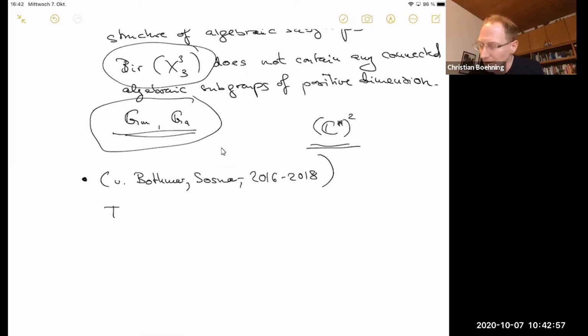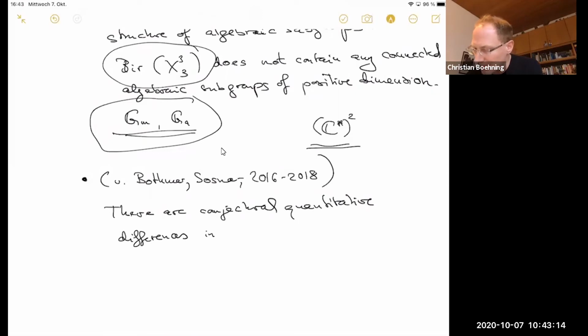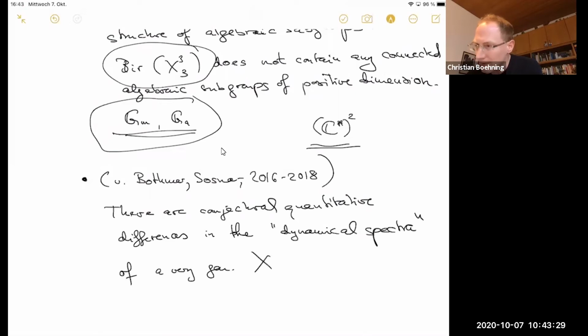So I want to say there are conjectural quantitative differences in the so-called dynamical spectra of a very general cubic n-fold, in P^4 and P^n, sorry.